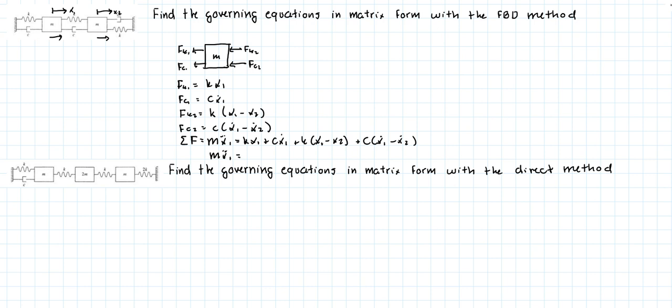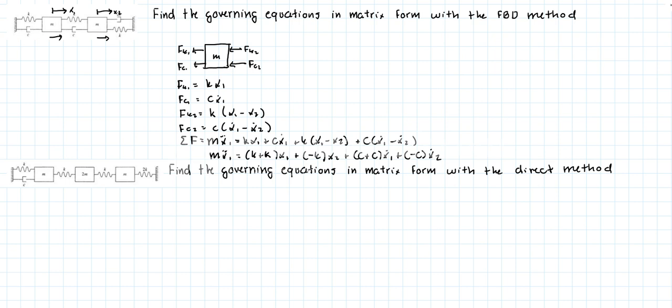I'm going to group like terms. So I'm going to get K plus K x1 plus minus K x2 plus C x dot sub 1 plus minus C sub 2. That's pretty easy.